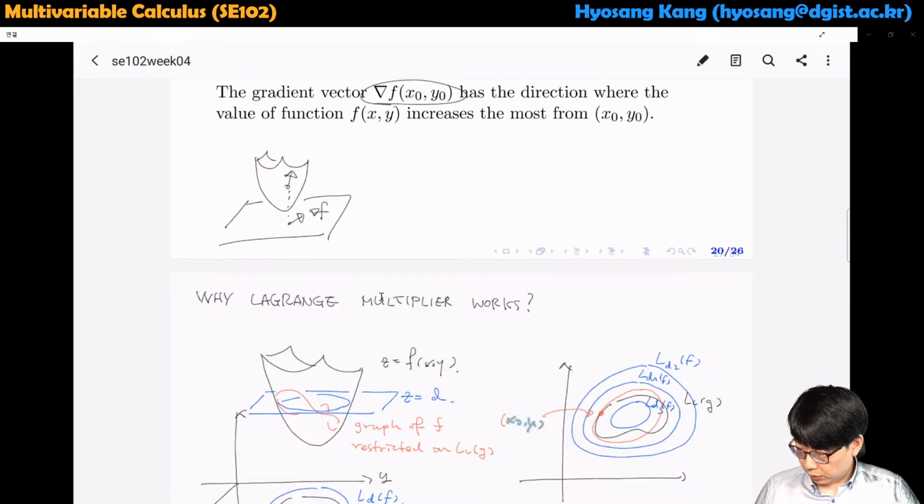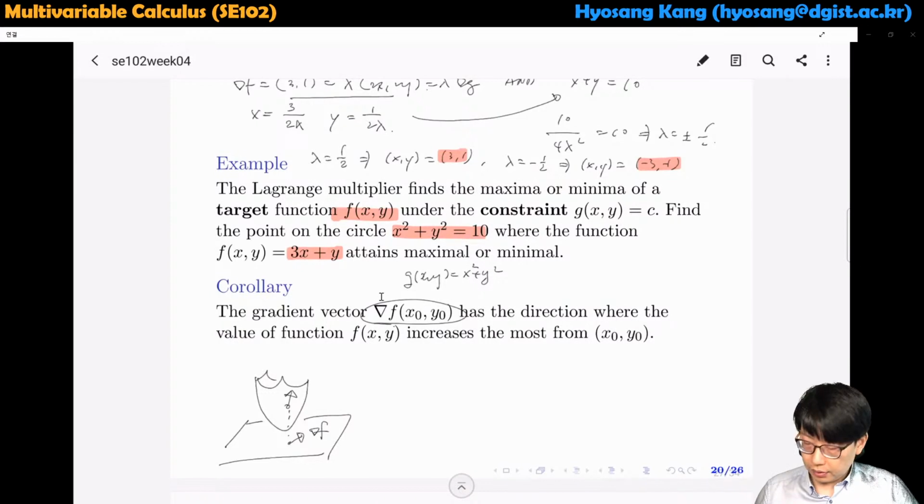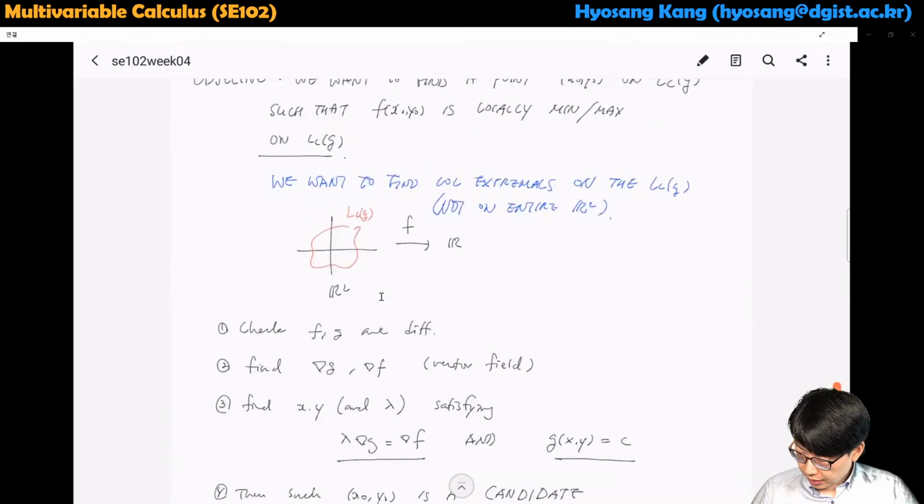Explain why this works. So let's think about the corollary we have here. Or maybe before we begin, let's review briefly what the Lagrange multiplier was.